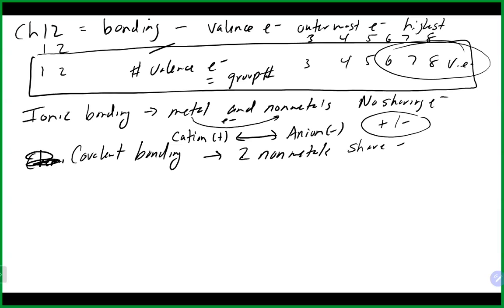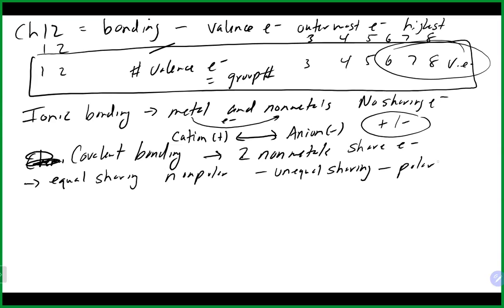What holds it together is that sharing of electrons. As we talked about, the sharing can be equal sharing, which means you have a nonpolar bond. It could be unequal sharing, which means you have a polar bond.